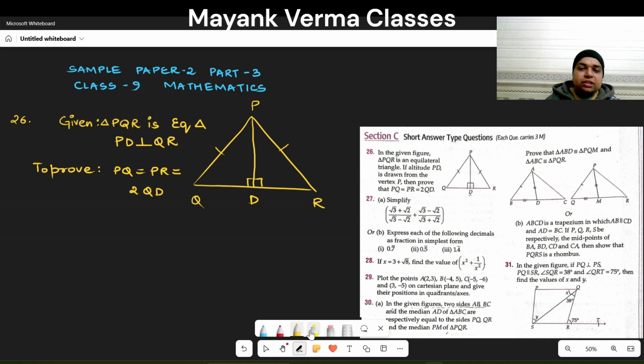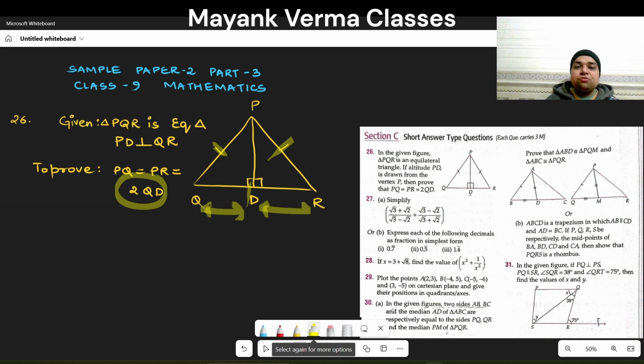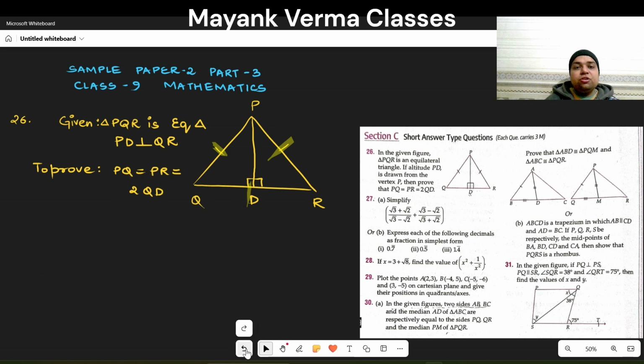Now, if we see carefully in this triangle, all three sides are already equal to each other because it is an equilateral triangle. But this 2 times QD, so twice of QD, if I want to prove, I need to prove that these two things should be equal, right? So what I can do in that case, I can use a congruency rule to prove triangle PQD and PRD congruent.